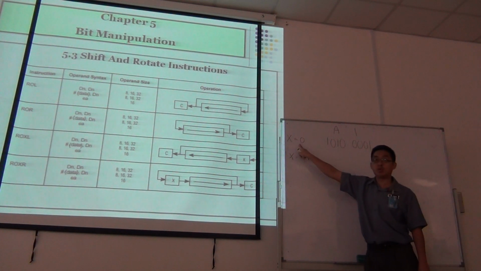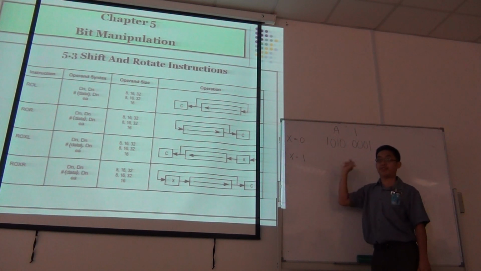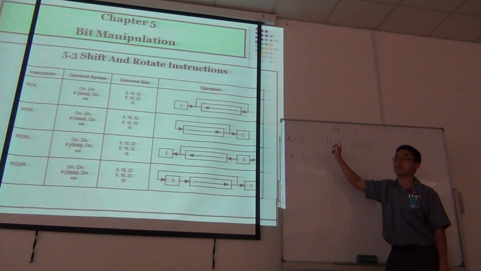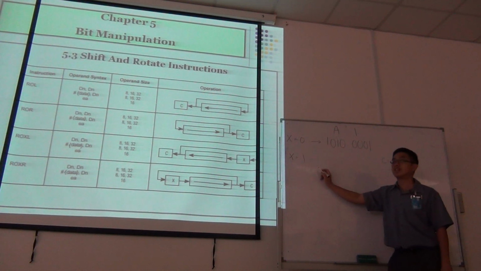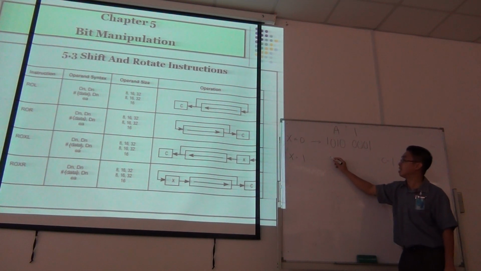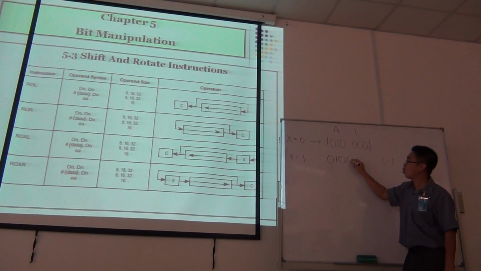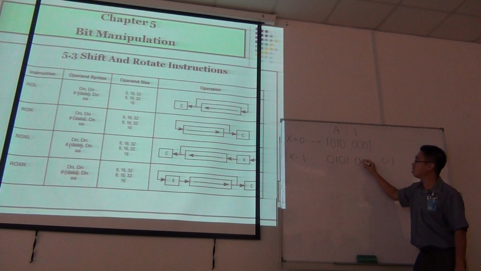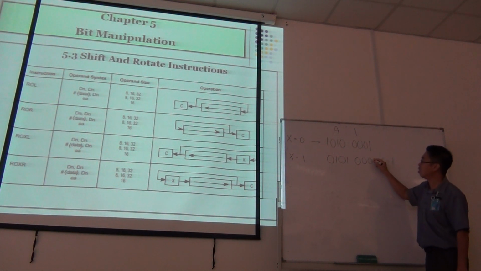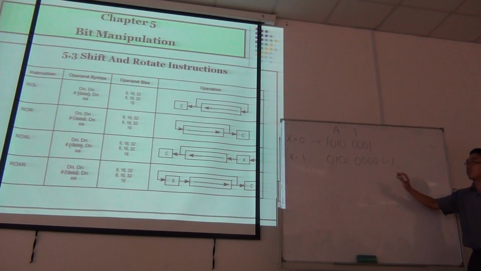And this value is shifted to the right inside here. Remember that it's going in here, right? So now it is 1 0 1 0 1 0 0 0 0. Correct? So this is the first rotation.